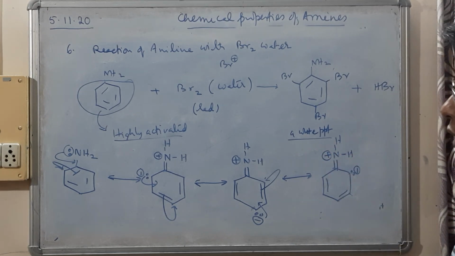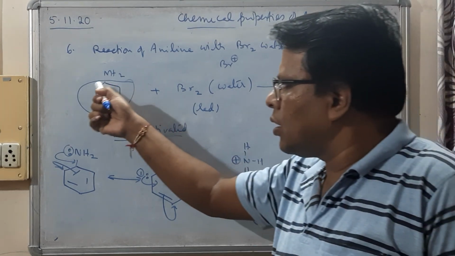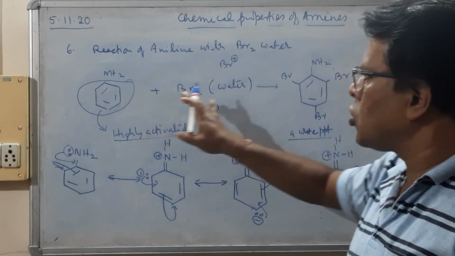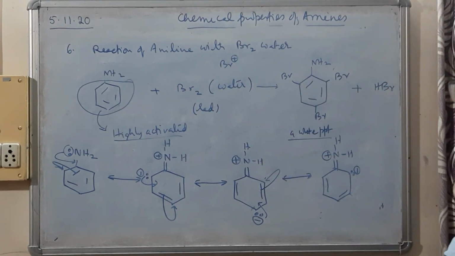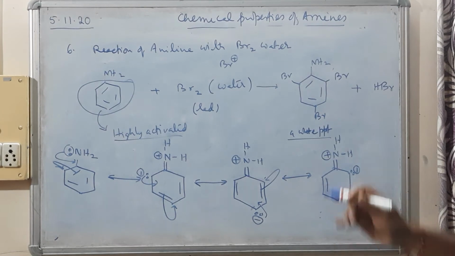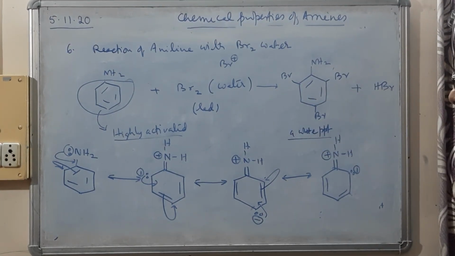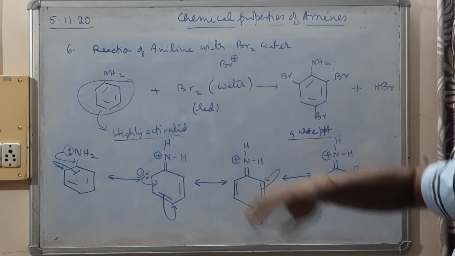So you see, from all these resonating structures we can understand that in aniline the benzene ring is highly activated, and this is the cause of tri-substitution taking place. And the observation here is that this red color will be discharged.